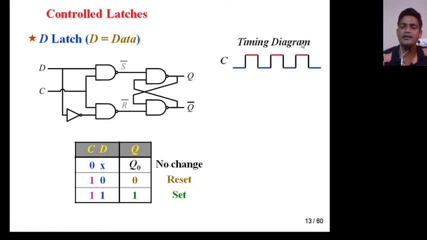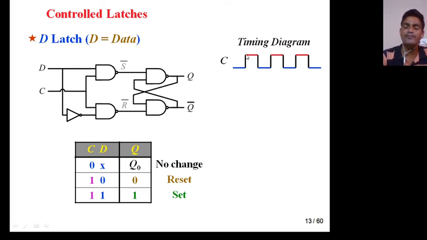Now there are different types of triggering. There can be level triggering and edge triggering. In level triggering, output will change according to either the positive level or negative level when the input is changing. This is your positive level and this is your negative level. Similarly this is your positive level.